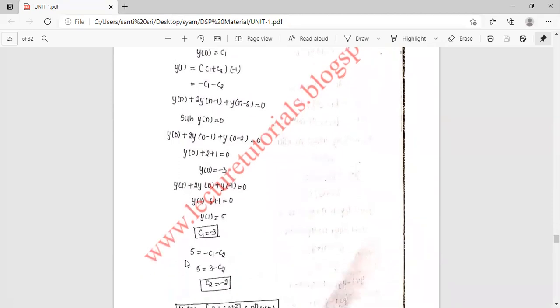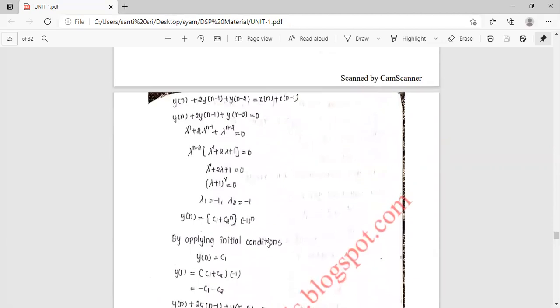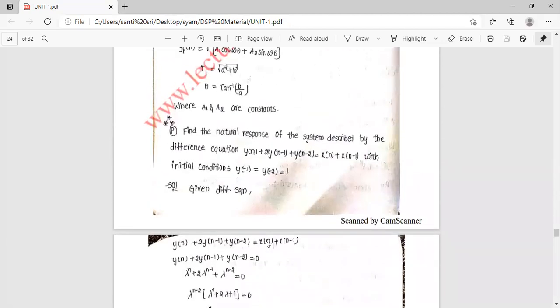Then c1 is minus 3. So 5 equal to minus c1 minus c2, so c2 equal to minus 2. Like this, we can calculate the values of c1 and c2, so that finally y of n is equal to minus 3 plus minus 2n into minus 1 whole power n into u of n. Like this, we can calculate the solution for the natural response of the system.